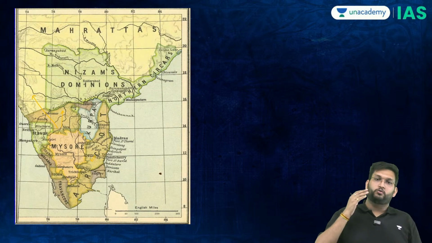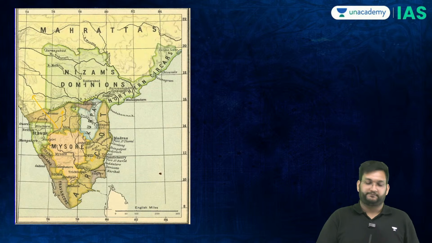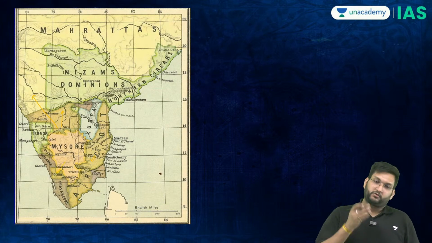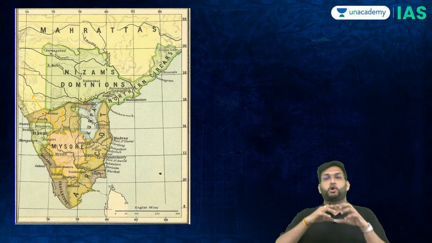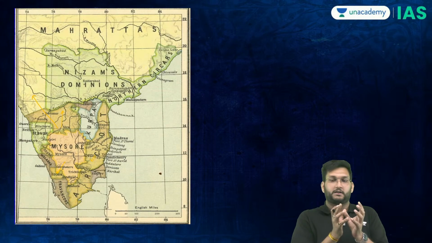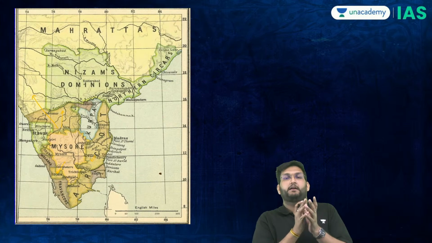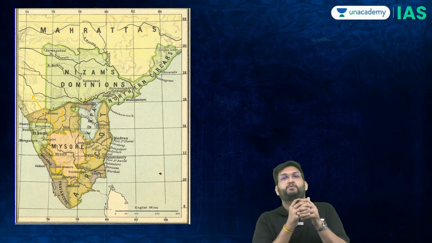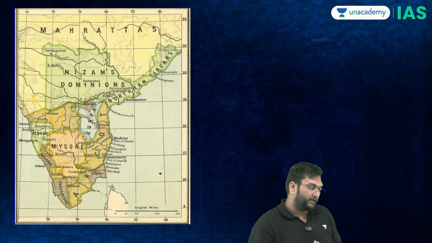Again, if they go towards the Maharashtra coast, they have the Marathas, who are again hostile. Travancore is also hostile. And that way, they are locked within all 4 sides by what we call powers, which basically are hostile to its own territory.